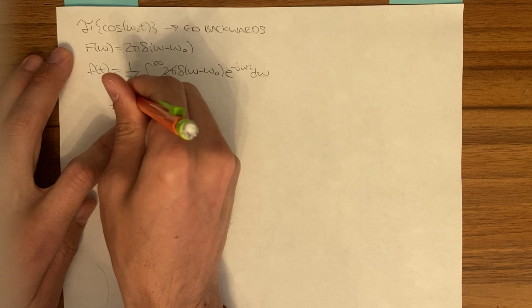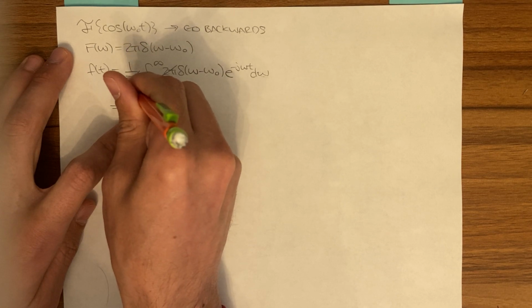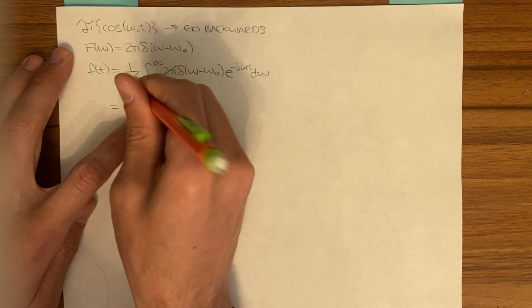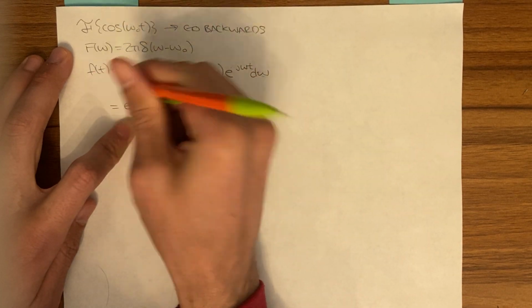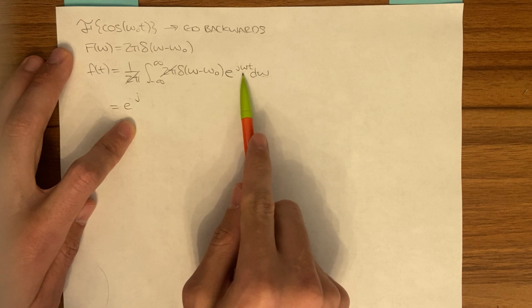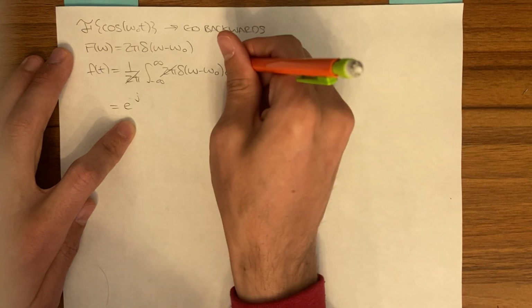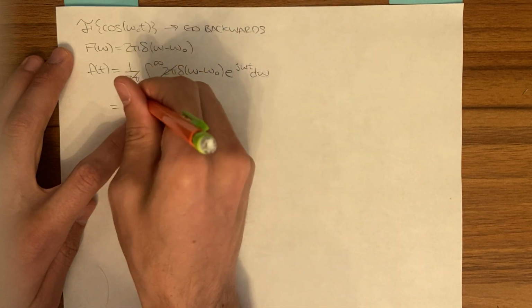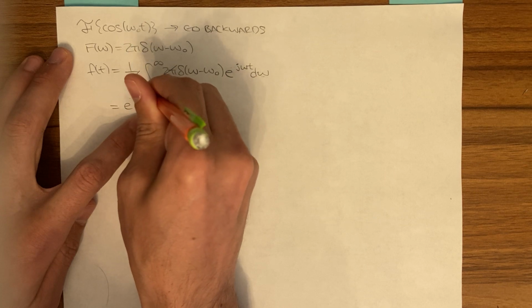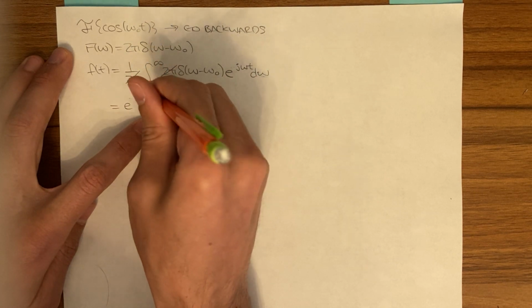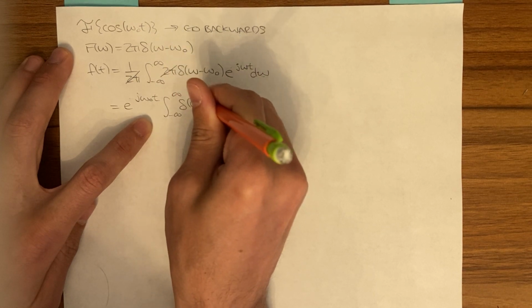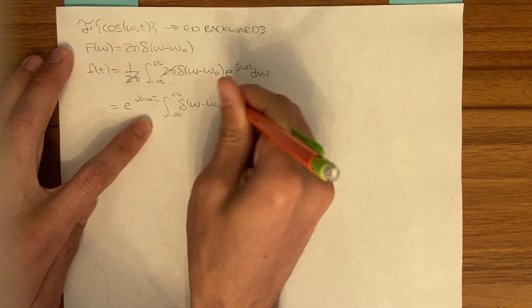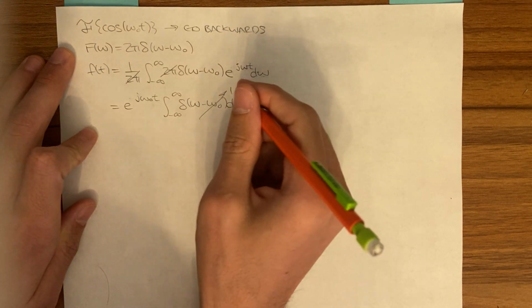Okay, so we have e to the j, or e to the minus j. Ooh, making all sorts of mistakes. Okay, because it's inverse, you have a negative j omega t. So you can pull out this e to the j omega naught t. And then we just have an integral over the delta function. And we know what that is. That's just 1.